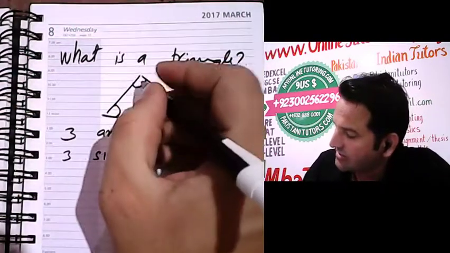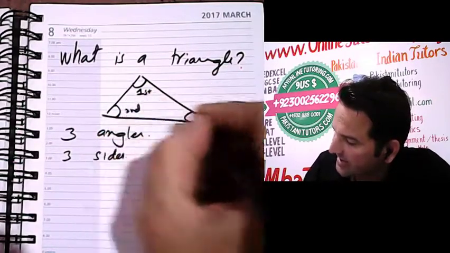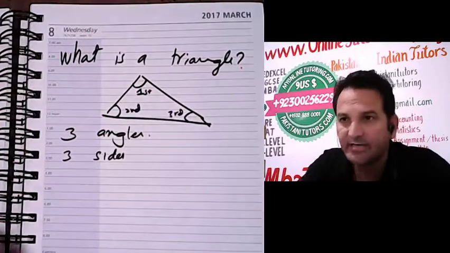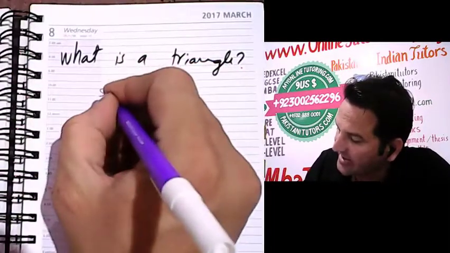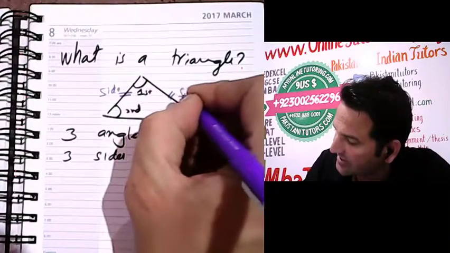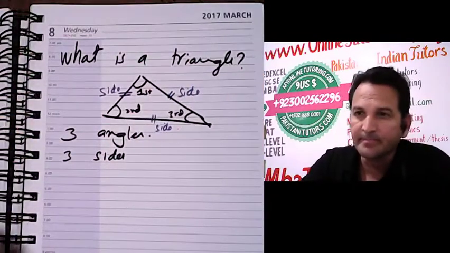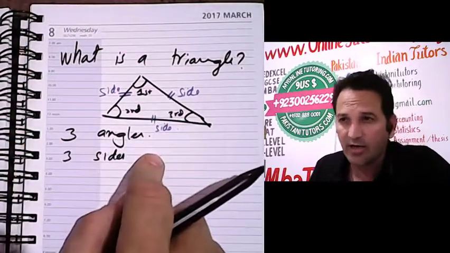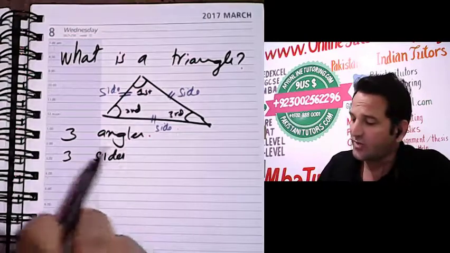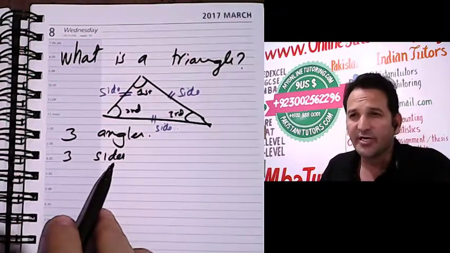This is the first angle, second and third. Same way, this is the first side, the second side, and the third side. So any shape which looks like this, with three angles and three sides, will be treated as a triangle.